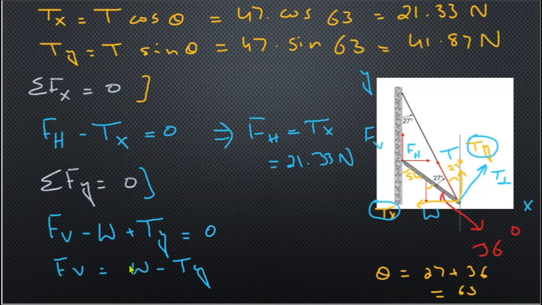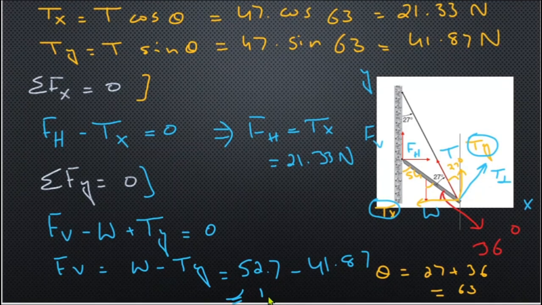Upon substituting the value of this weight, which was given in the statement of the problem, and it is equal to 52.7 newtons, minus this Ty, which is equal to 41.87, the vertical force on the hinge would be equal to 10.8 newtons. So, we have found out the value of the horizontal and vertical components of the forces on the hinge as asked in the second part of our question.